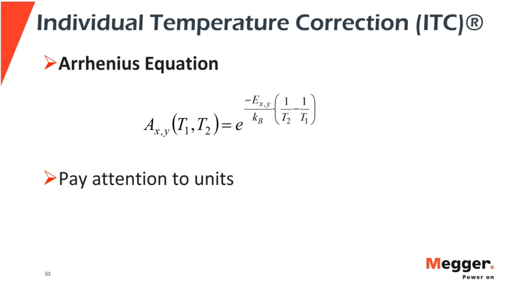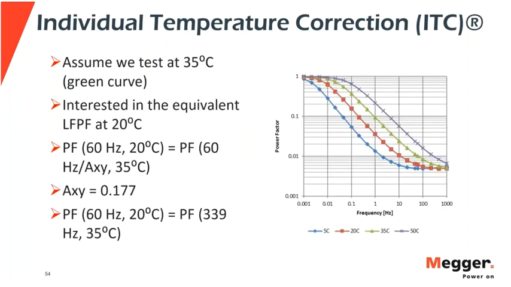Basically, it's e to the negative activation energy times the difference in the inverses of the two absolute temperatures being considered, divided by the Boltzmann constant. You can plug your temperatures, the Boltzmann constant and the activation energy in and come up with this frequency shift factor, but you have to pay attention to the units when you do this.